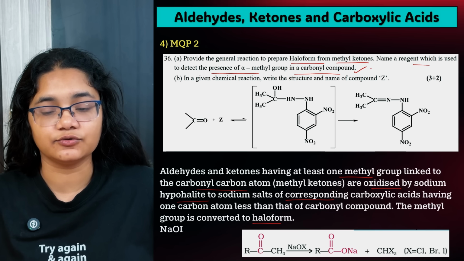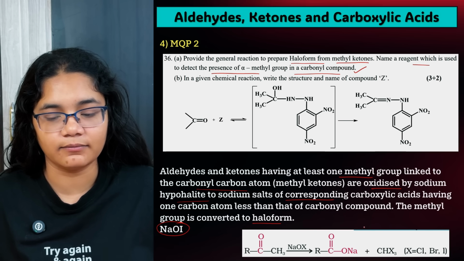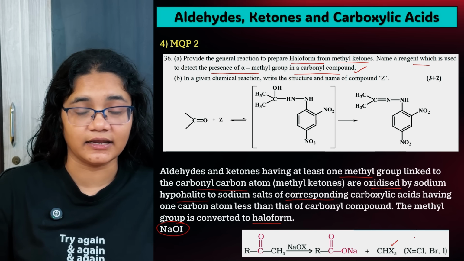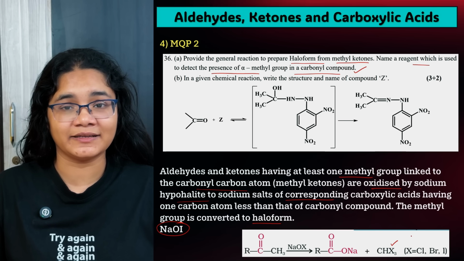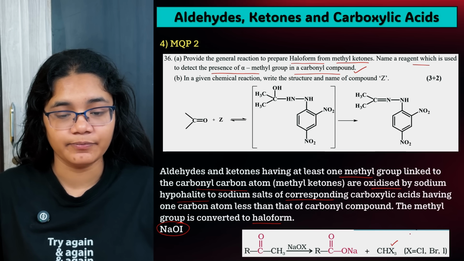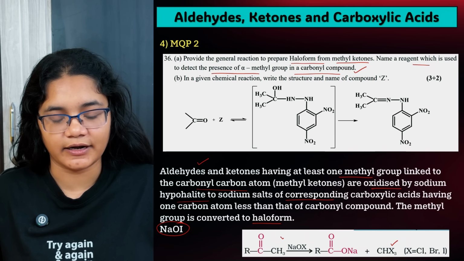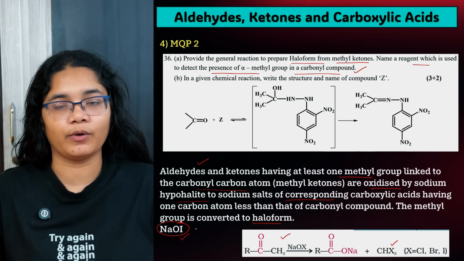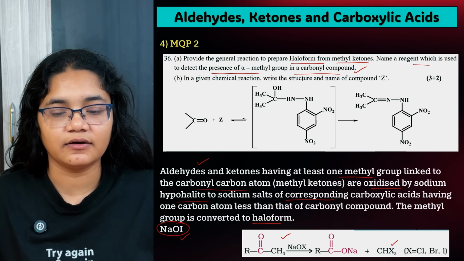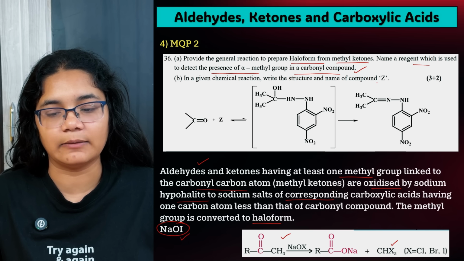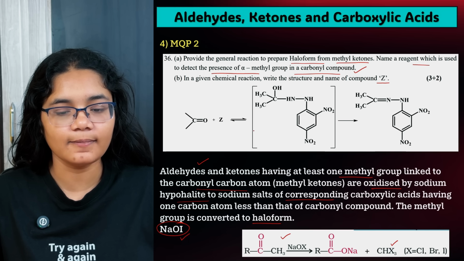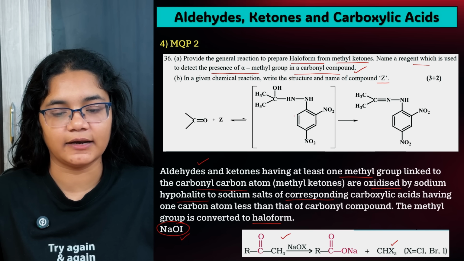Now the one which is used to identify is NaOI, because when you form CHI3, iodoform, that is a yellow precipitate and can be easily detected. So here you will write down this explanation, write down this reaction, and this NaOI will give you 3 marks. In a given reaction, write the structure and the name of the compound Z. So here it is 2,4-DNP actually.